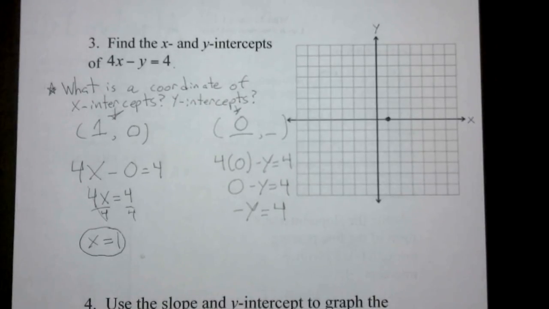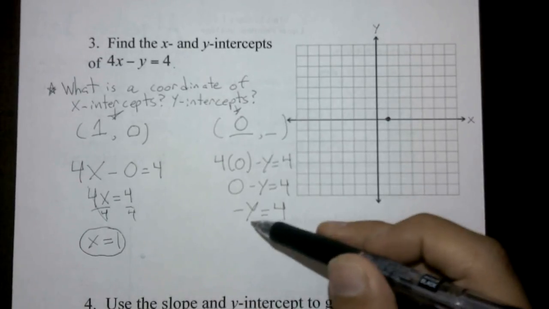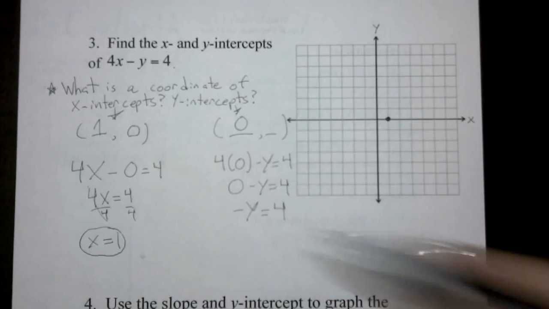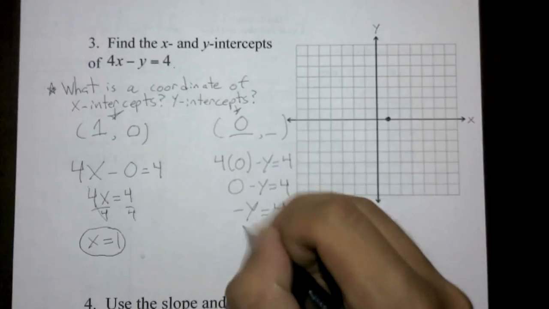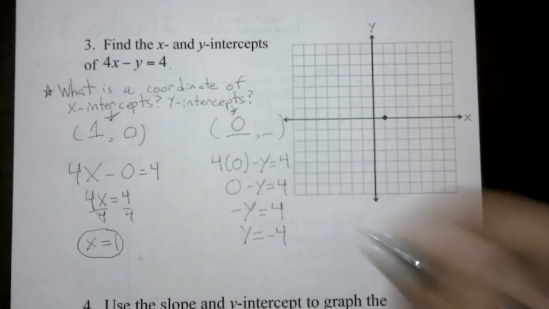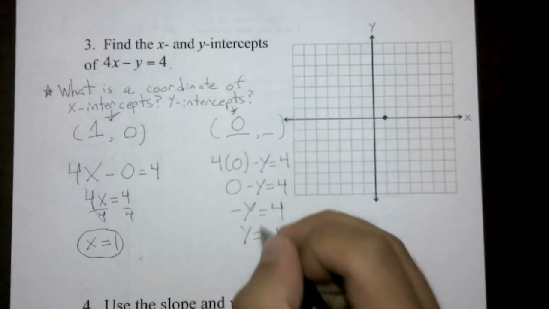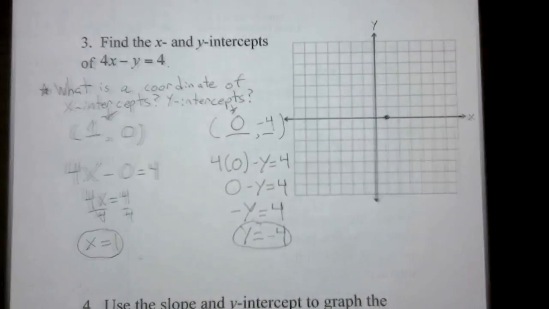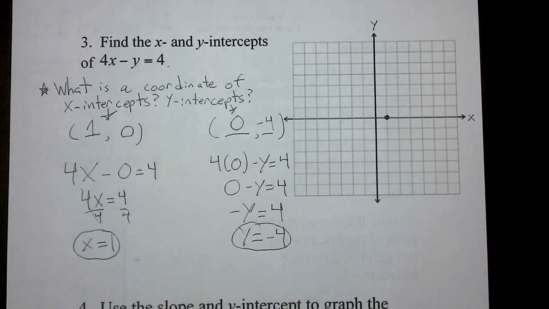So you might be asking, what can we do? Well, we know that if we have a negative y, if we're taking the opposite of y, it should be positive 4. If we switch around the signs for these, we can claim that y is going to have to be equal to negative 4. So that's what our y-intercept is going to be, negative 4.